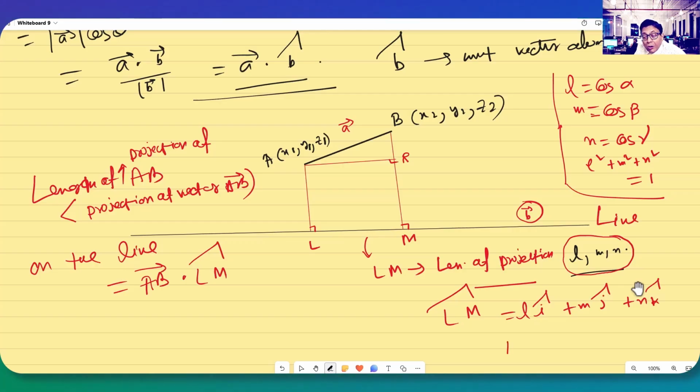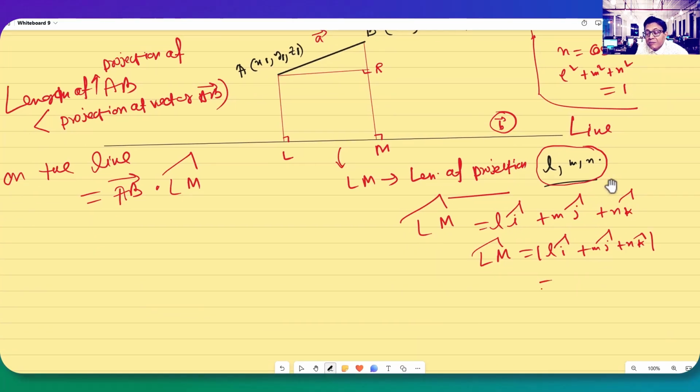Why? Because LM cap is going to be Li plus Mj plus Nk divided by its modulus. So this is nothing but root over L square plus M square plus N square. And direction is specified by the direction cosines. So if we say that LM cap is this, it is justified.